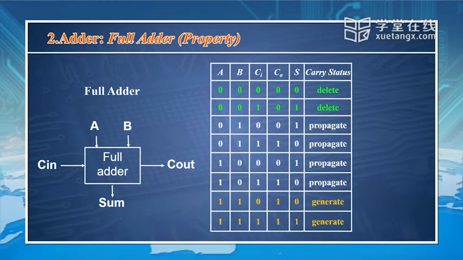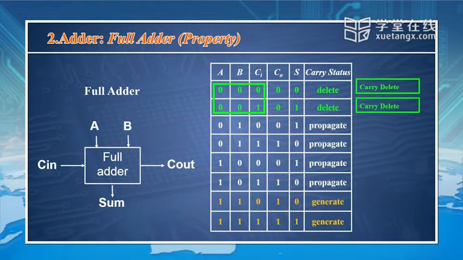So you can see A, B, and Ci are inputs, and CO here stands for carry output, and S output. And from this truth table, we can find out some regularities.